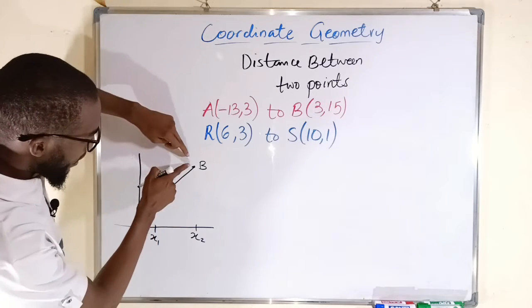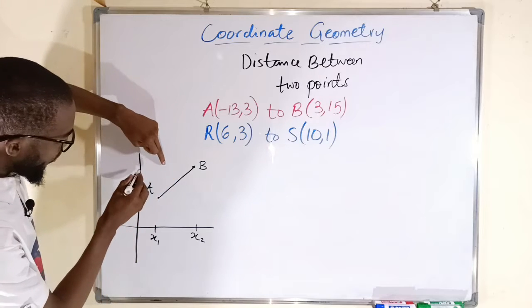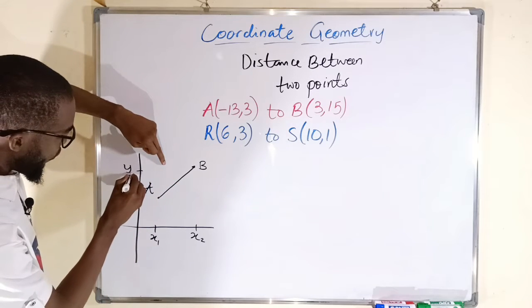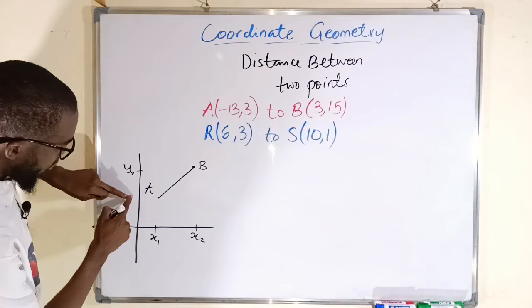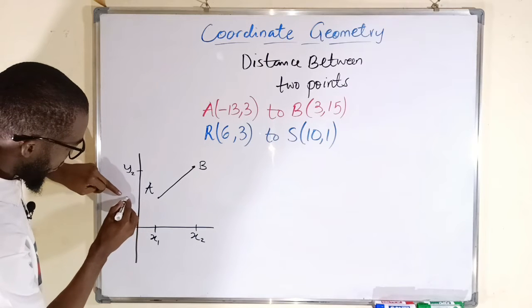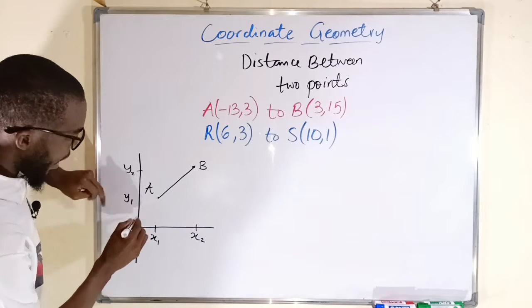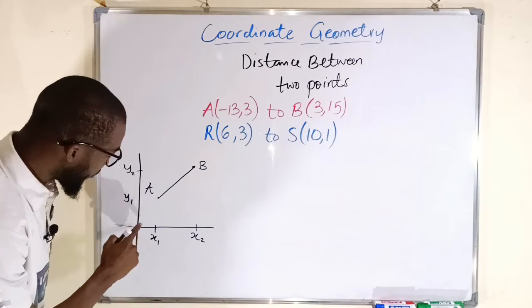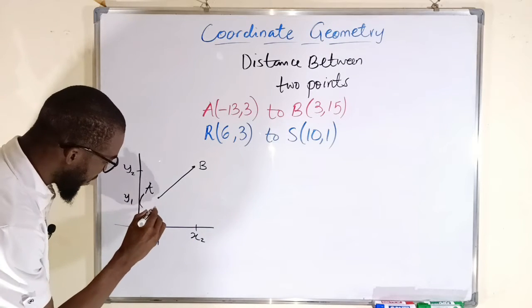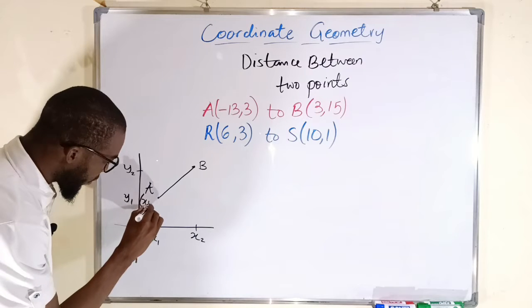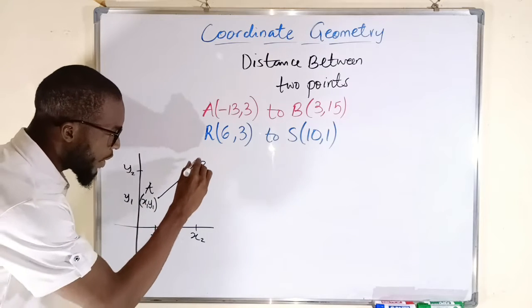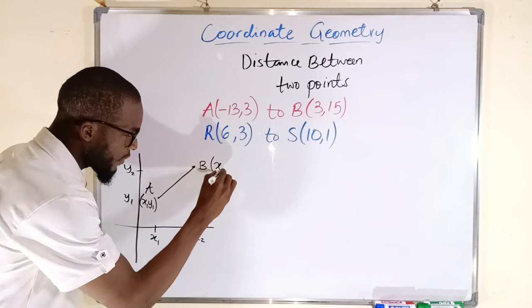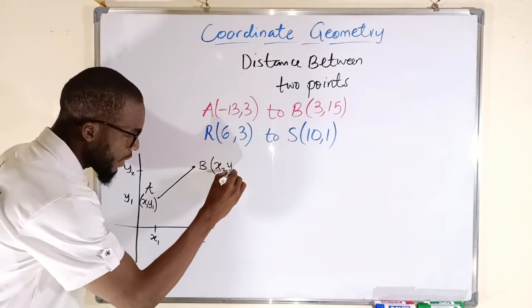You do the same thing here. This point, I would like it to be y2, and this point right here to be y1. So you can clearly see that we can write the coordinates of every point here. This point A can be x1, y1, while this one is x2, y2.